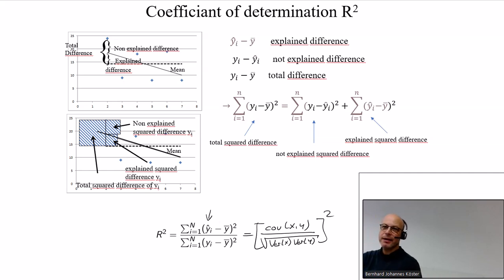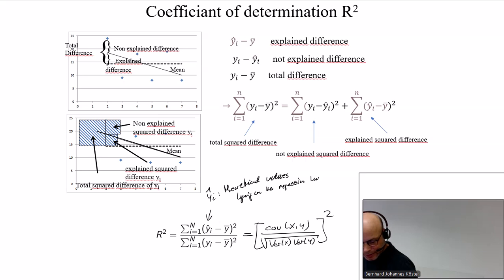y hat are the theoretical values lying on our linear line, the theoretical values lying on the regression line.